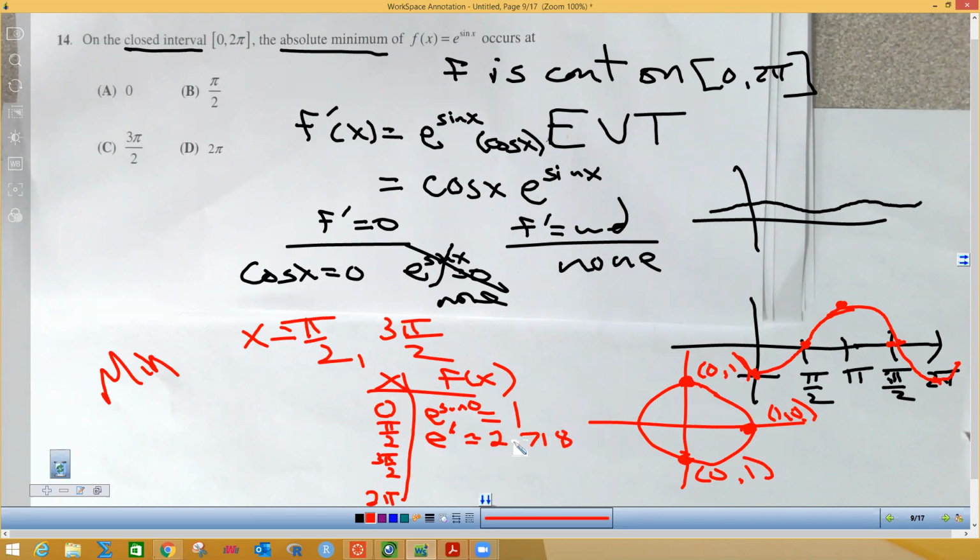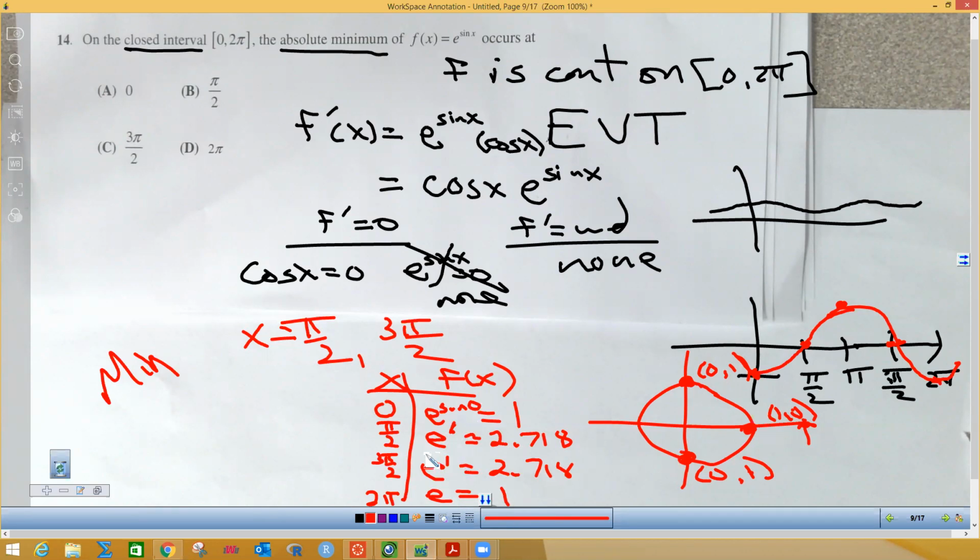You should get that memorized, e. Then I do 3 pi over 2, this point down here, and the sine is this y value, 1. So this is e to the 1, which is also 2.718. And then I got to do 2 pi, which is back here at this one, which is 0. So we're going to get e to the sine of 0, which is also 1.